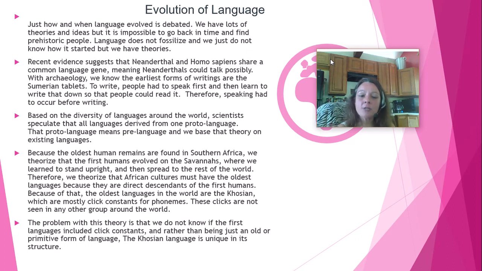But they are unique because they do have these click consonants. And the problem with this is that we can't necessarily say that all languages started that way. What we can say is that the Khoisan language is definitely unique in its structure.